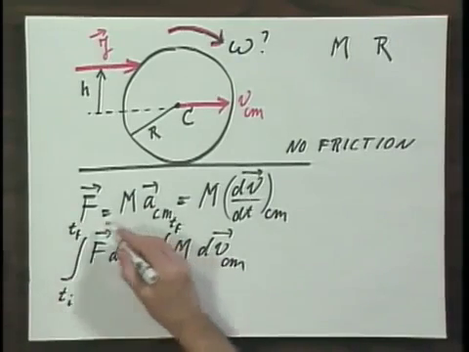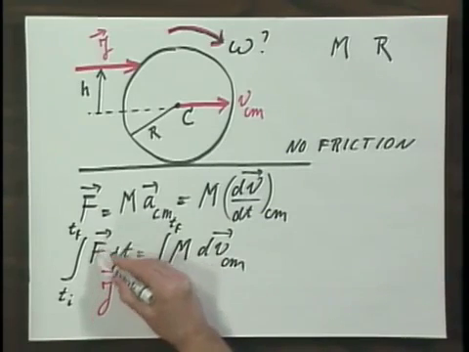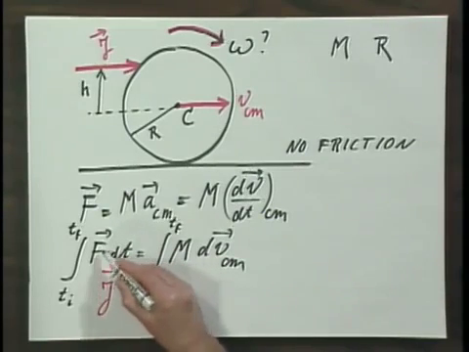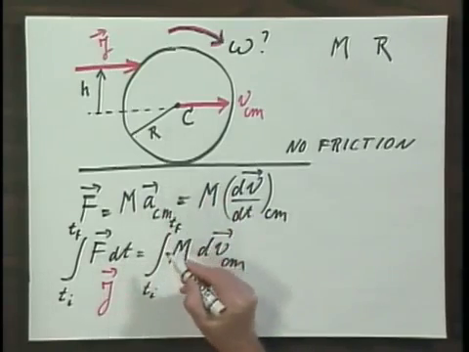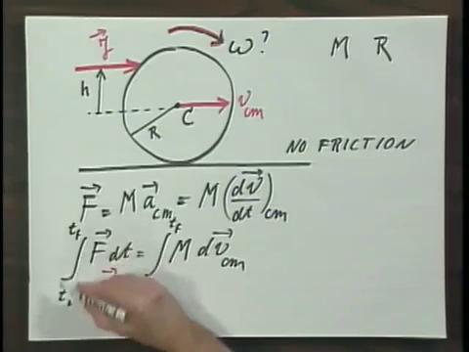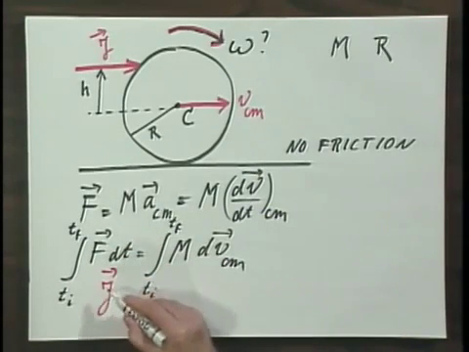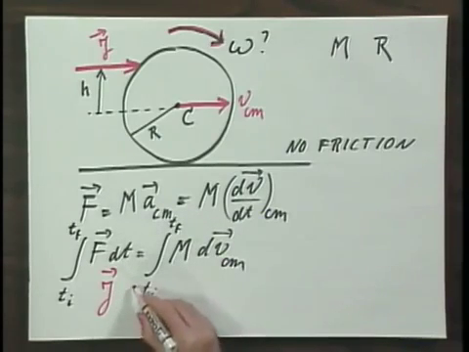This is the definition of impulse. As I said earlier, the force doesn't have to be constant. It could change in time, and so the acceleration of the center of mass could change in time. But the integral over that time interval, t initial to t final, of F dt, that's the definition of impulse.